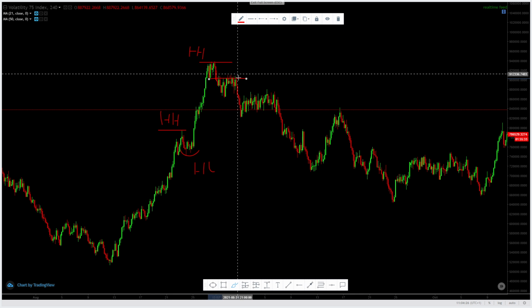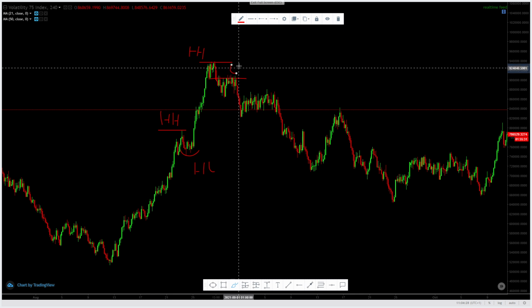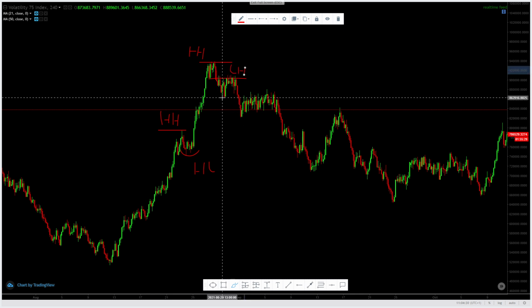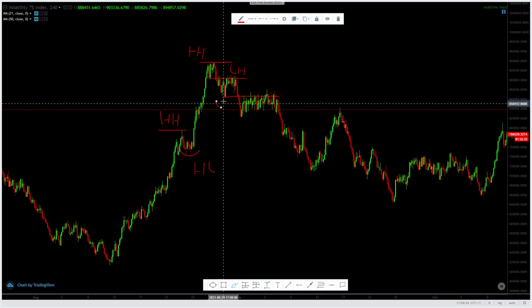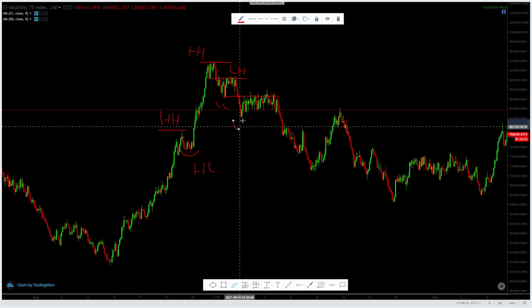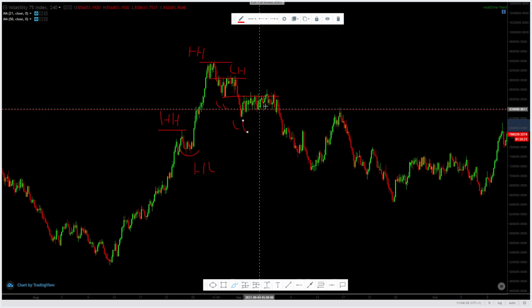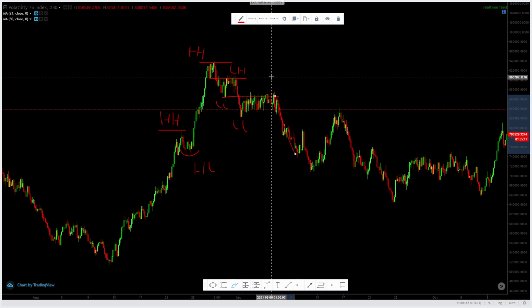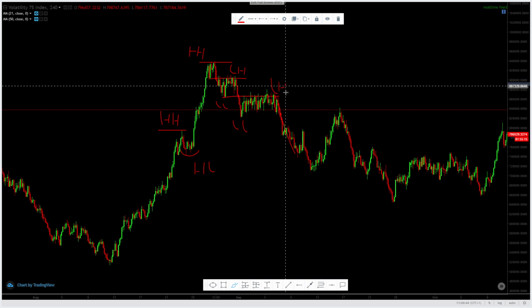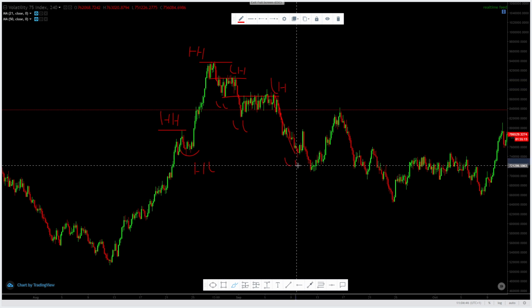Price starting to create lower highs. This is a lower high. The reason why it did break out of this structure to confirm this lower low. There we can see price retrace back, and there price continue all the way to the downside. This is a new form of a lower high, and this is a lower low.